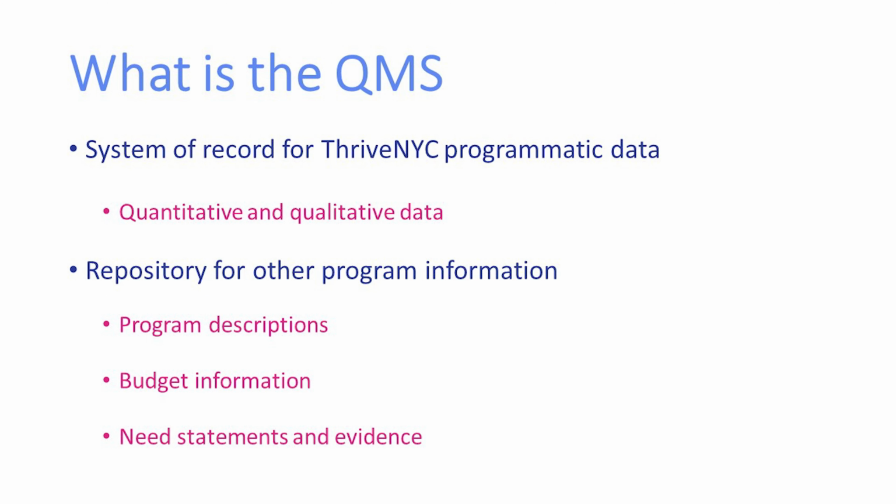Let's start with a general overview of what the QMS is. QMS will be the system of record for ThriveNYC related programmatic data. This includes the quantitative and qualitative data agencies regularly share with our office, along with descriptive program information, such as program descriptions and budget information, which is largely static or updated annually.